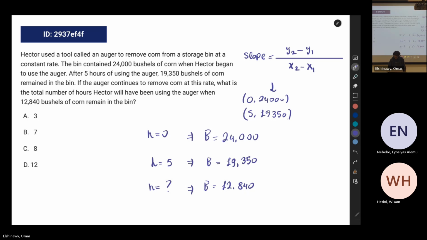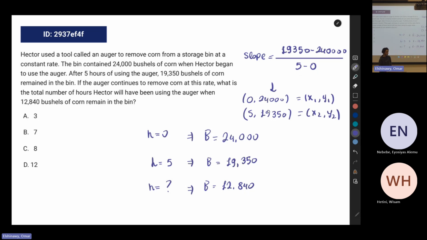So let's say this is your x1, y1, and that is your x2, y2. Then you just plug in. You get 19,350 minus 24,000 divided by 5 minus 0. And this would make sense because the numerator would be a negative value and the denominator a positive value.